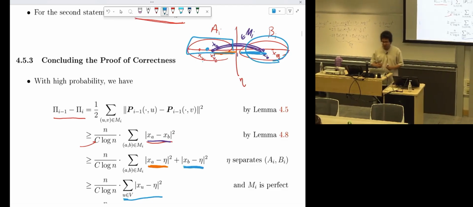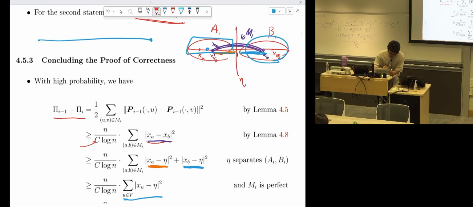No. So for example, let's say this is 0. And then let's say that I have 10 points here. And then maybe just some points that are far away.